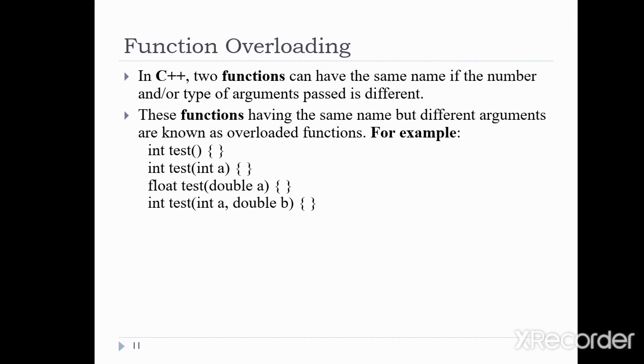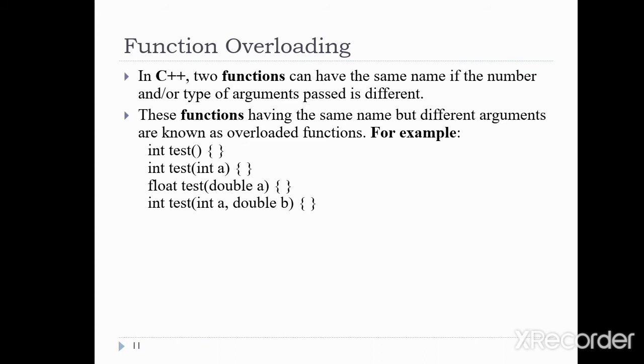It is a very important concept. Functions having the same name but different arguments are known as overloaded functions. For example, int test is the function name, and the parameters are int a, double a, int a and double a. These are different arguments, but the function name is the same.